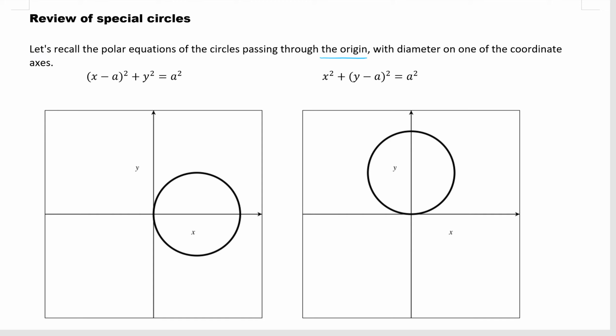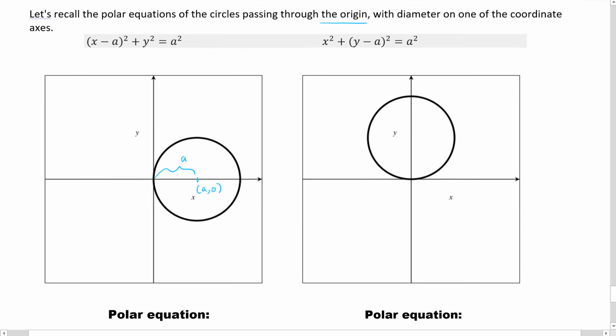If the radius is a, then this point is (2a, 0), right? And we know the circle equation: x minus a squared plus y squared equals a squared. So how do we change it to polar coordinates?